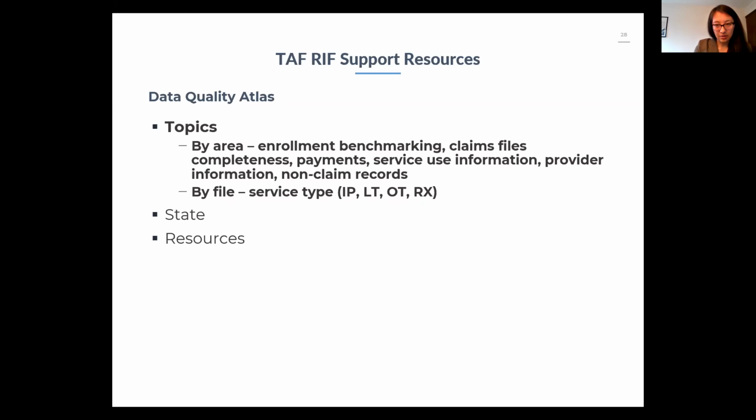The DQ Atlas provides a rating system to call out good completion of T-MSIS or potential data concerns. Each of these specific benchmarks has its own validation methodology, and you can learn about those by selecting a specific topic and looking at the background.